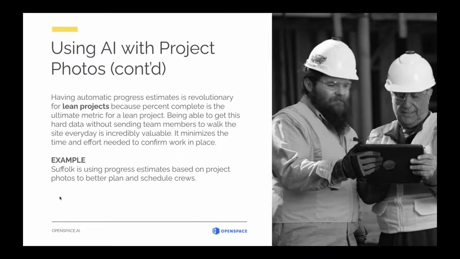What they would do manually, like manually taking off on a piece of paper and highlighting, is now completely automated on some projects where they're leveraging this AI coupled to 360 technology.